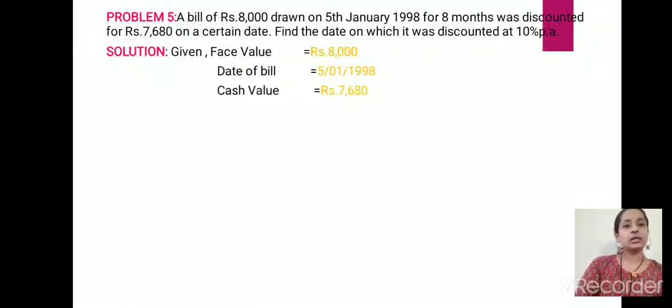Then the cash value, that is after deducting the discount. The bill is discounted, so the cash value is 7,680 rupees. Then the rate of interest is 10% per annum. One important thing that is left is the period of the bill. For how long is the bill drawn? It is on credit basis, for 8 months.